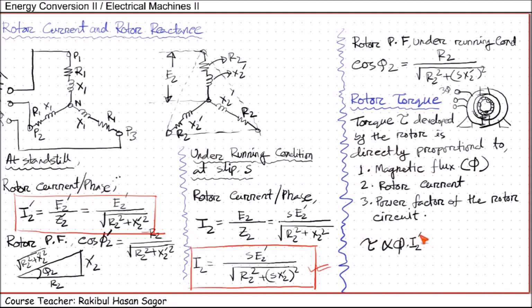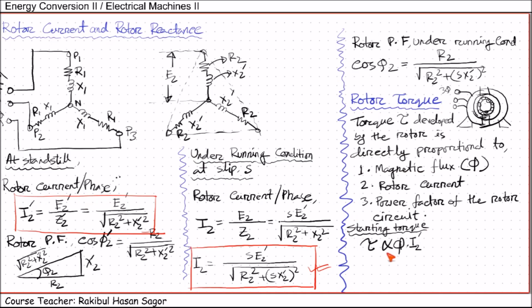Why did I take I2 prime? Because we are considering the motor is at a standstill at the very initial moment when the motor starts. At that moment, the torque produced in the rotor side is called starting torque. So we are considering the starting torque.